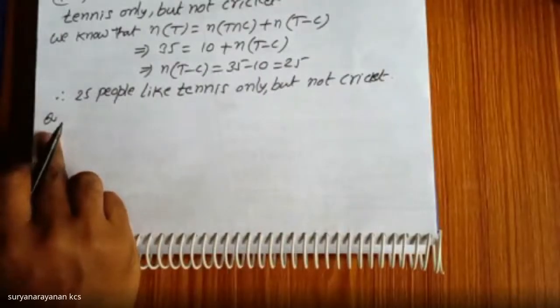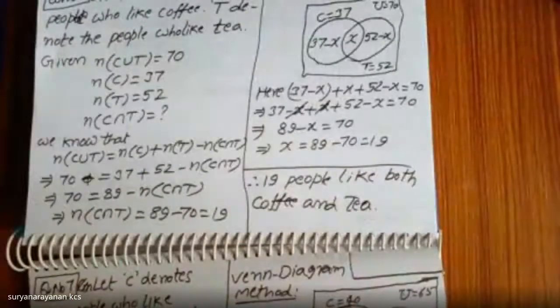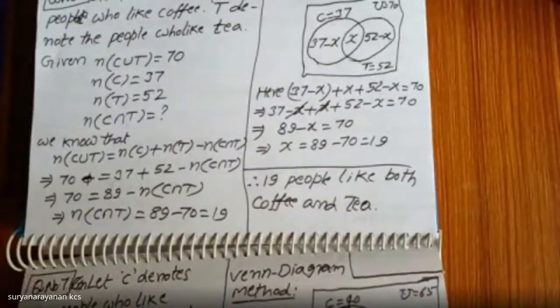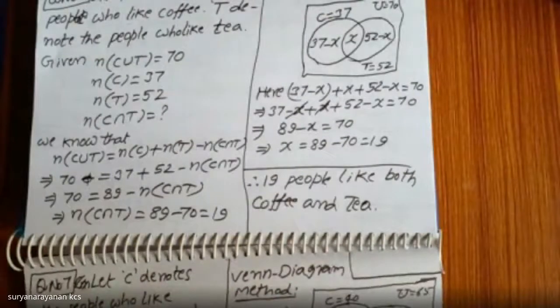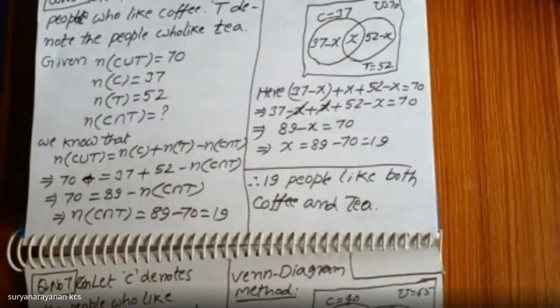Sir, Ria. Tell me, Ria. Sir, we could technically use the formula to find out. Previously also I told you, you can follow this formula method, a little bit lengthy method, but the Venn diagram method is easier for you.